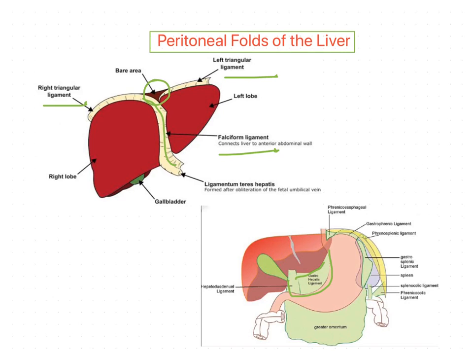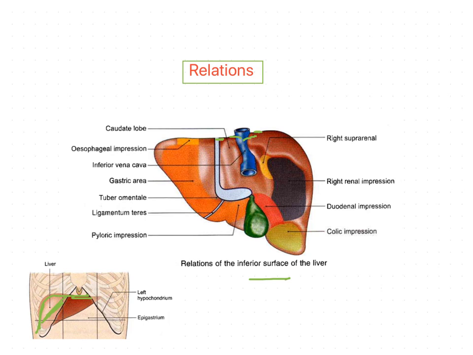And the remaining relations which we can see on the inferior surface. This is also called the visceral surface, which is oval in outline and is divided into right and left lobes by a fissure called ligamentum venosum and a fissure of ligamentum teres.